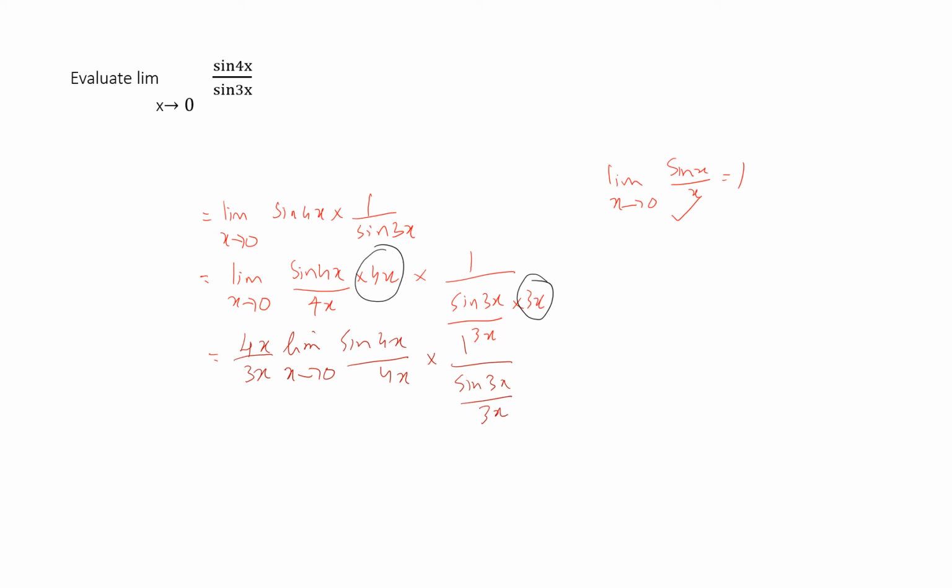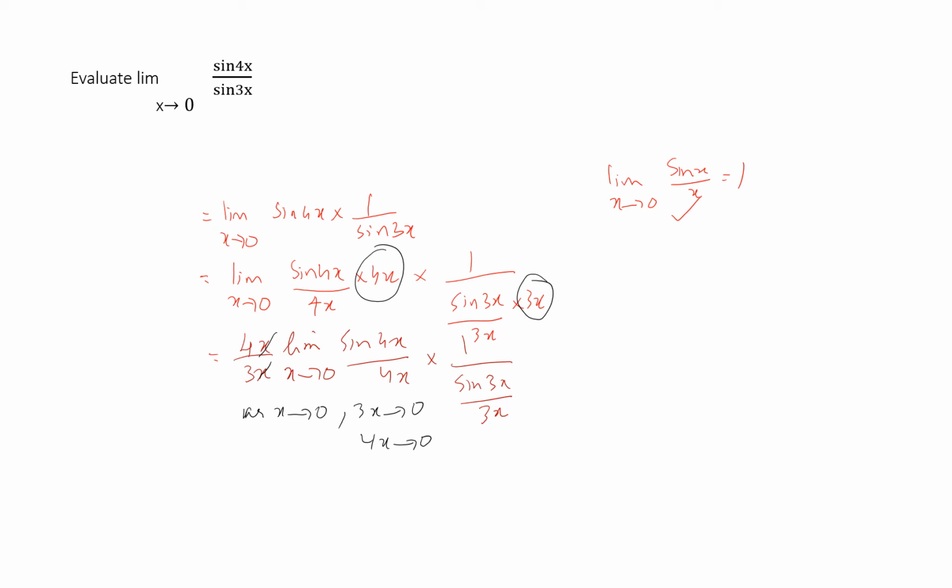Here you can cancel out this x and that 4 by 3 will be there. Now if x tends to 0, 3x will also tend to 0. Or similarly, when x tends to 0, 4x also will tend to 0.